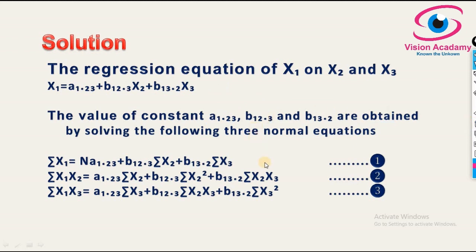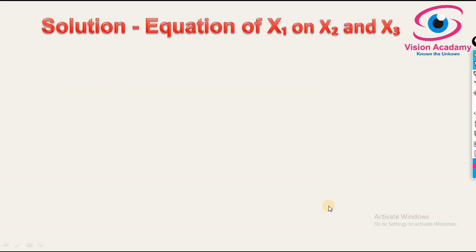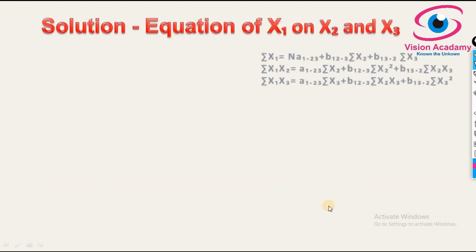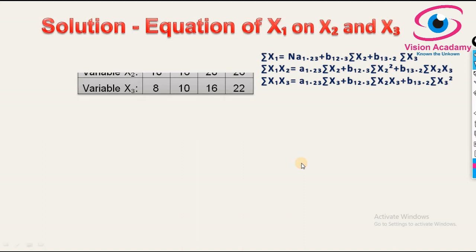Firstly, we have to calculate from the raw data. Here is what we need to calculate. The solution of the summation equation for x1 on x2 x3. Let us consider the raw data given in the problem.